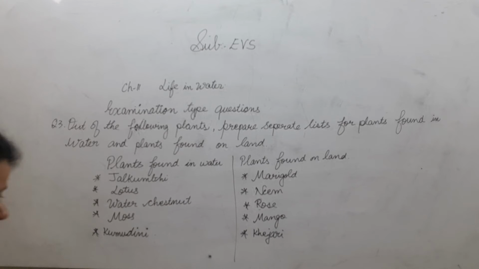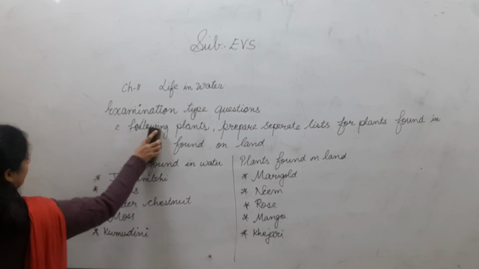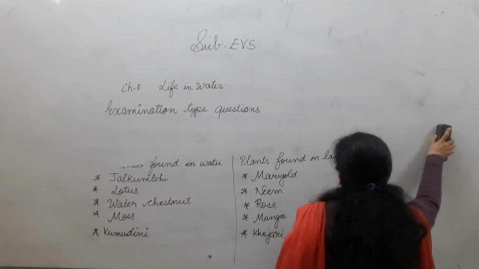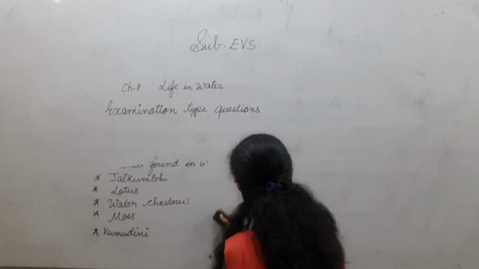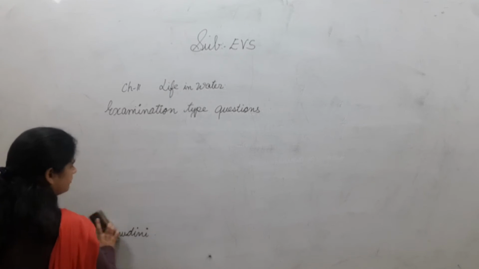So now next one, you have to write this in book also and in your notebook also. You have to prepare a table in notebook. Okay, and draw line with the pencil, not with the pen.